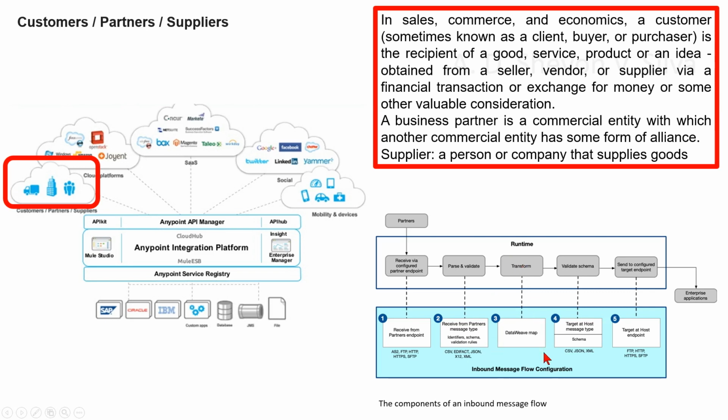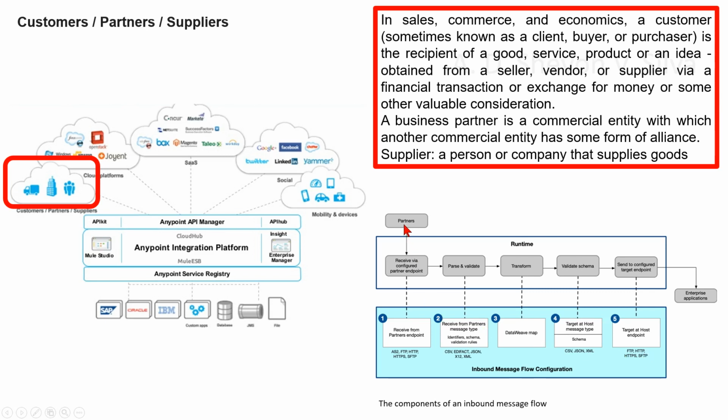Three, map: data view map used to transform the source message type to the target message type. Four, target message type: format into which the data view map transformed received messages: JSON, XML. Five, target endpoint to which the transformed message is sent, typically a process API, FTP, HTTP, HTTPS, SFTP.